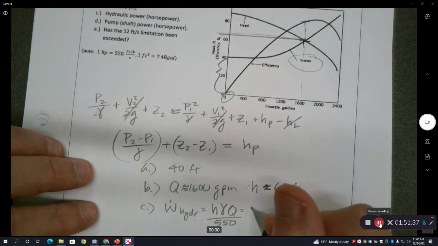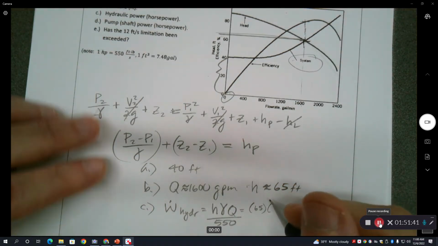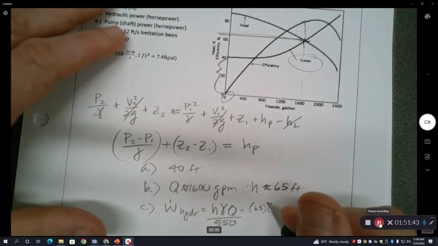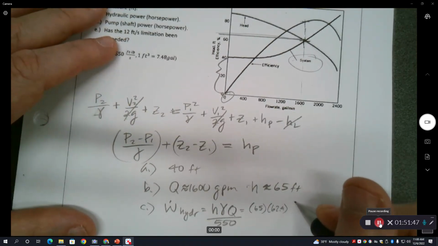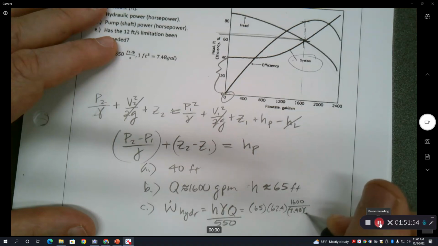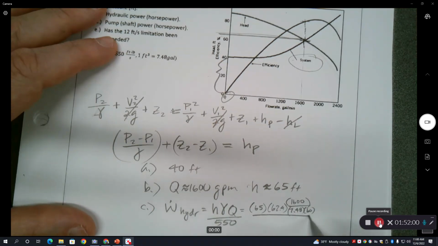Sorry about that. So 65, and we said that this was 62.4, given. The flow rate was 1600. Remember, we need to divide by 7.48 and 60 in order to get gallons per minute into cubic feet per second, and divide by 550.